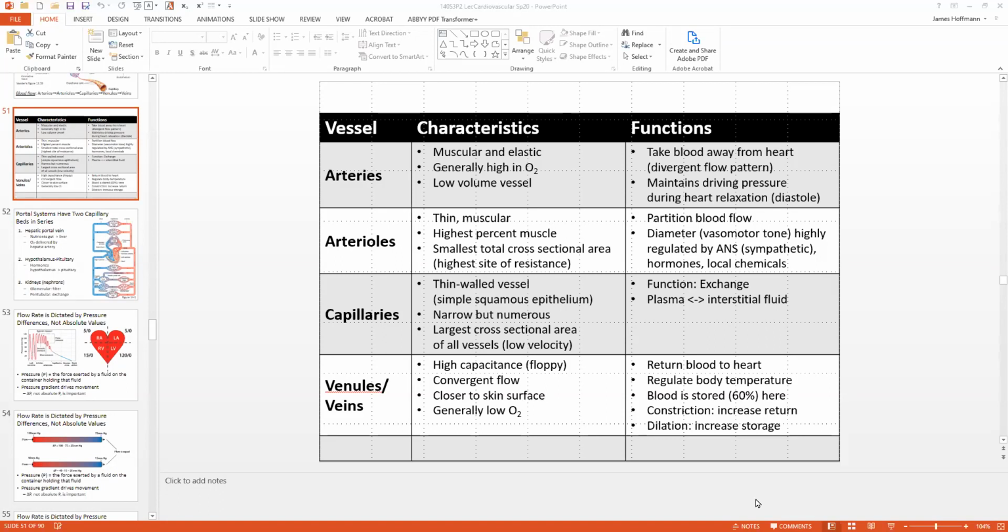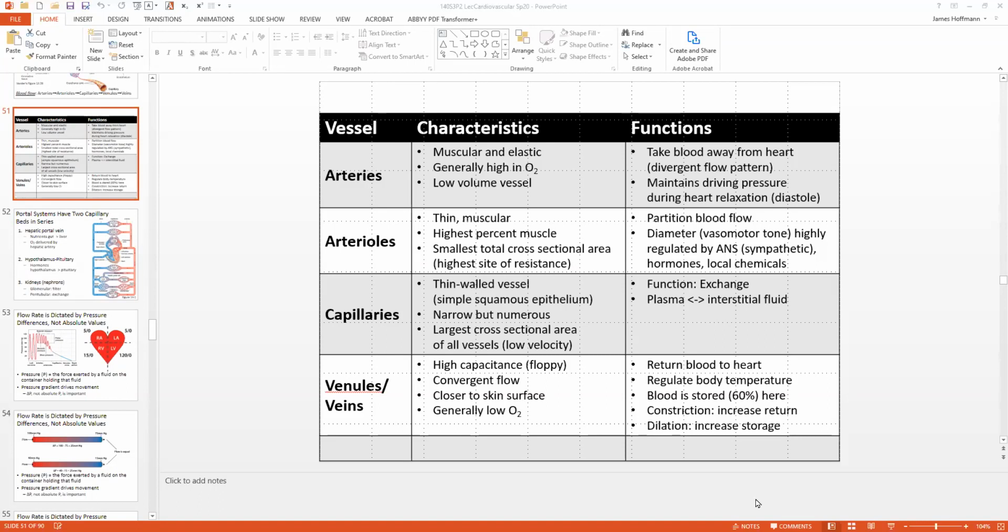And just while we're at it, all of the known hormones that affect the diameter of an arteriole, all of the hormones cause constriction that we've ever found. Okay. So epinephrine, norepinephrine, oxytocin, antidiuretic hormone, which is also known as vasopressin, and angiotensin 2 are all examples of hormones that would cause constriction.